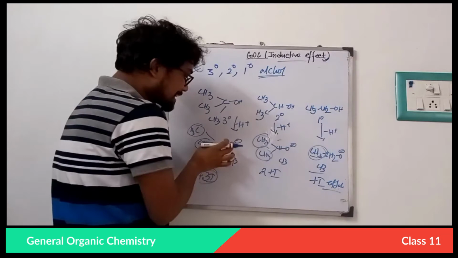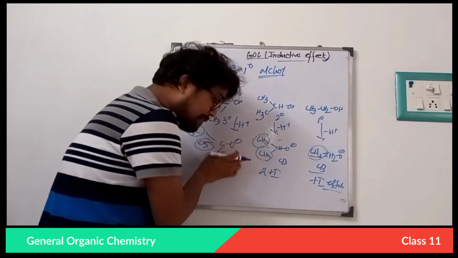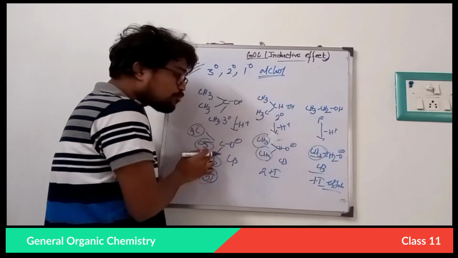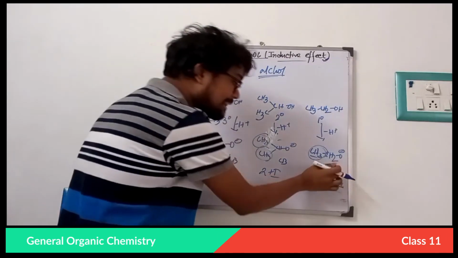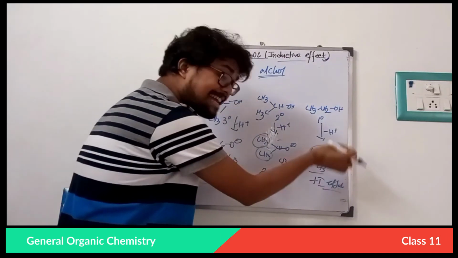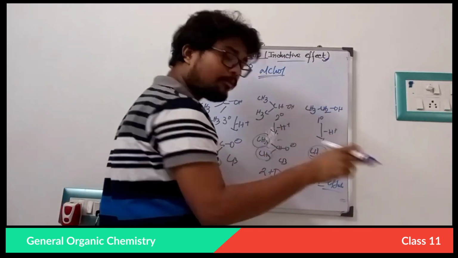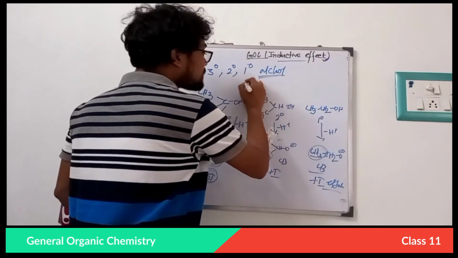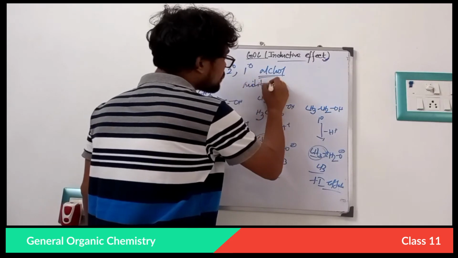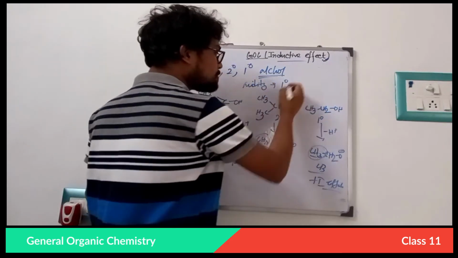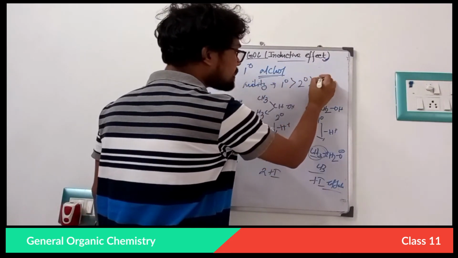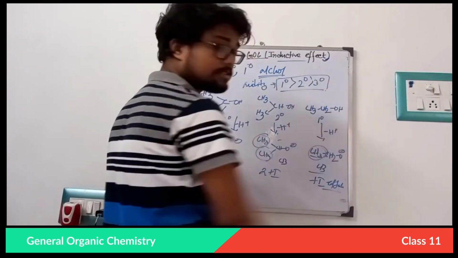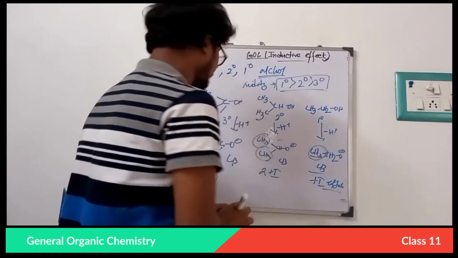So in this case, this conjugate base is least stable because of 3 plus I effect groups, and in this case, it is slightly more stable due to only 1 plus I effect. So what is the order of acidity? 1 degree alcohol is more acidic, then 2 degree, then 3 degree. Understand? Fine.